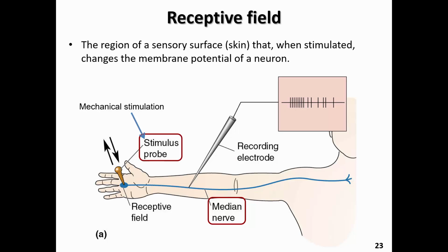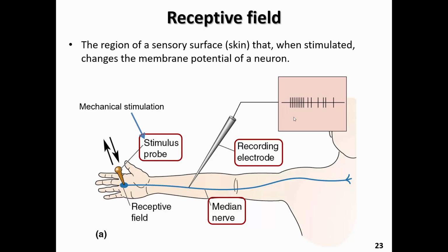And this is typically examined through an experimental setup. Here we see a person in which a stimulus probe, just an external probe, can apply a very small amount of pressure or slightly more pressure over different parts of the skin through mechanical stimulation. A recording electrode is inserted into an accessible nerve, such as the median nerve.